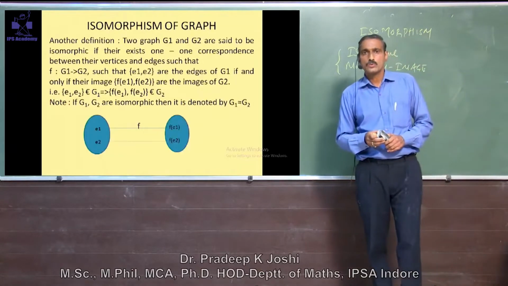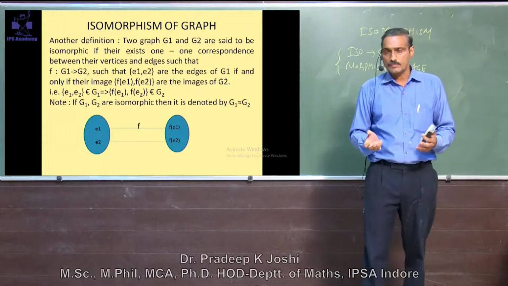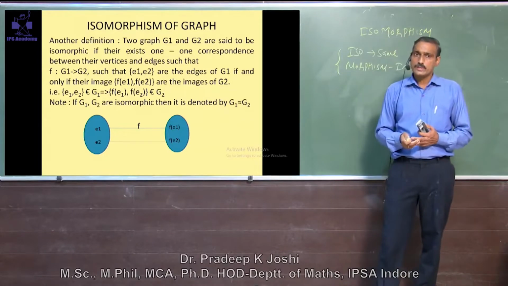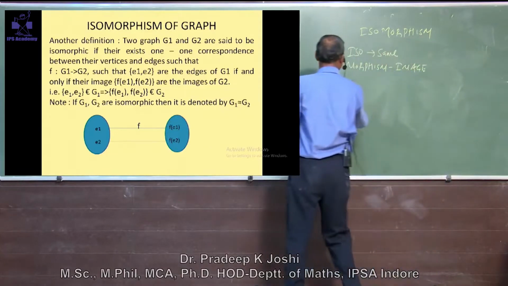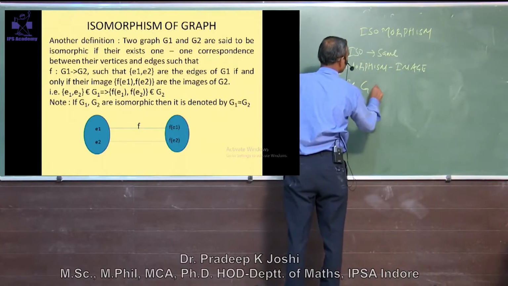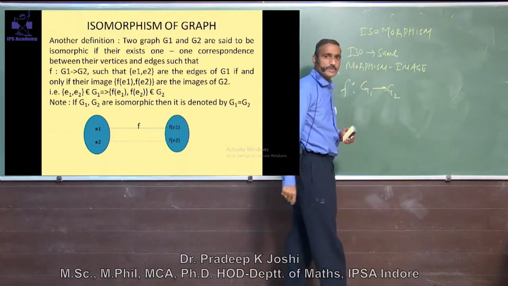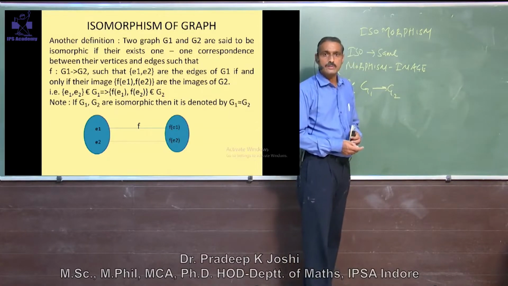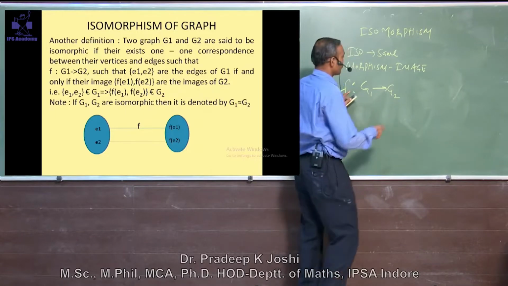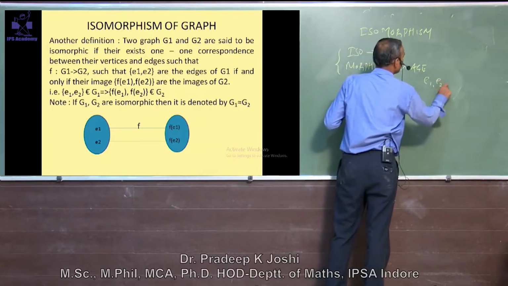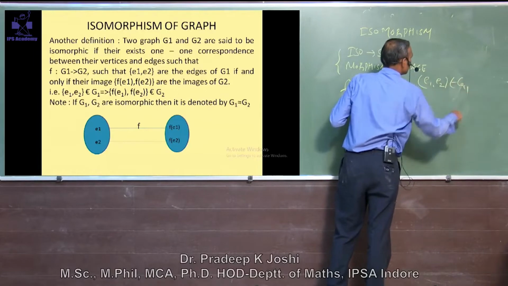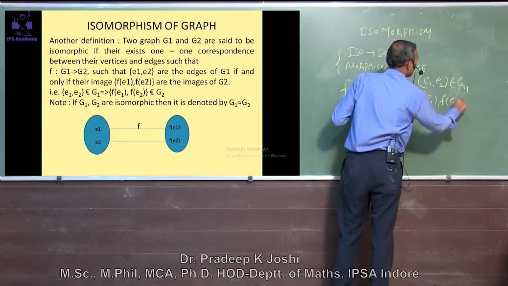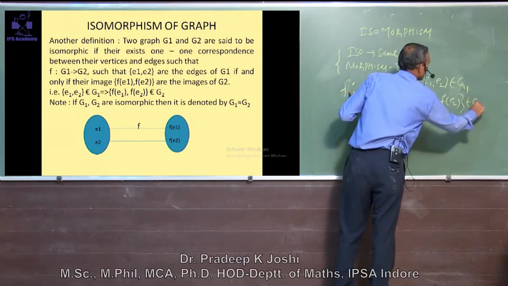Another definition: two graphs G1 and G2 are said to be isomorphic if there exists a one-to-one correspondence between their vertices and edges, such that f maps G1 to G2, and if E1, E2 are edges in G1, then f of E1, f of E2 belong to G2.